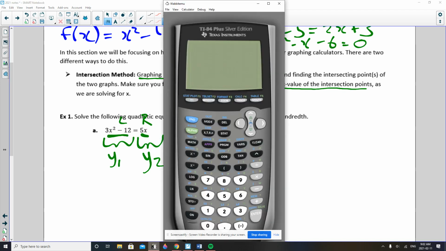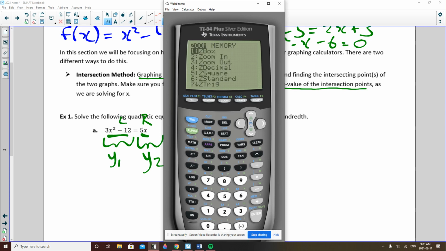So I'll bring up my graphing calculator and I'll do that. So y1 is equal to 3x squared minus 12, and my other equation, y2, is equal to 5x. And so I can go graph that on my calculator. There we can see both of those graphs are coming up. I can see that there's an intersection point down towards the bottom part, and there's probably another one in the top right.